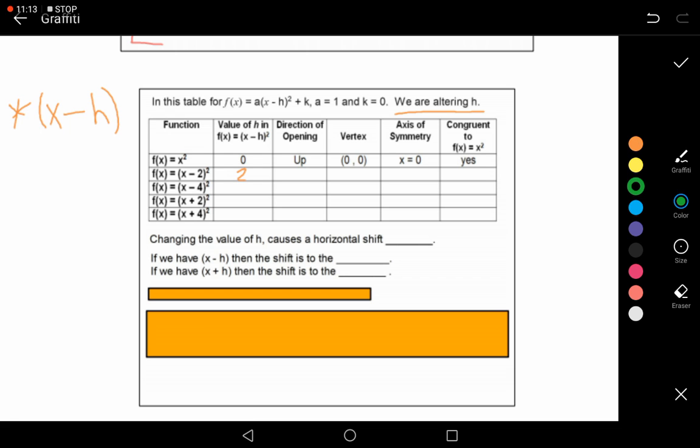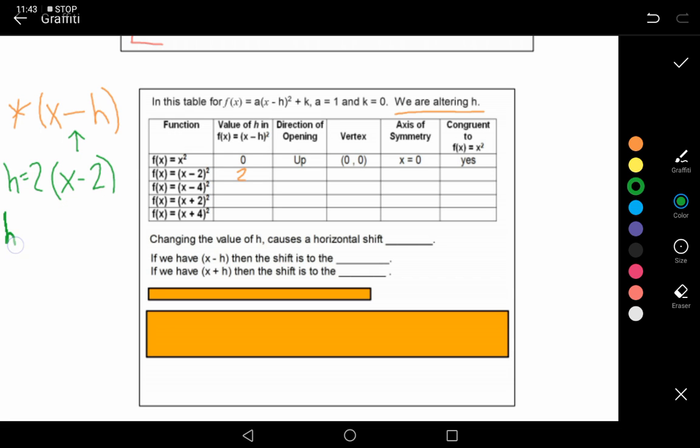Okay, that negative sign is really important. I wrote in that the value of h here is positive 2. I did not write that it was negative 2, because if I substitute positive 2 into this equation, so h equals 2, it's going to say x minus 2.